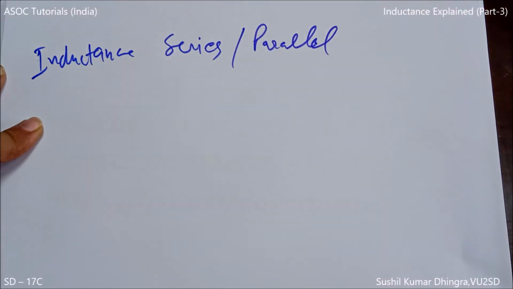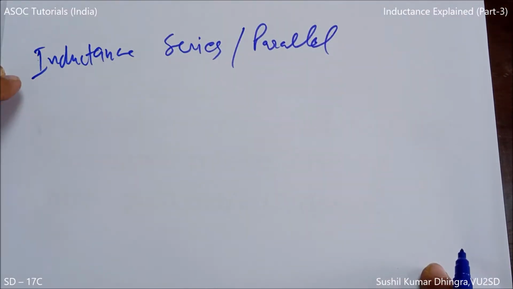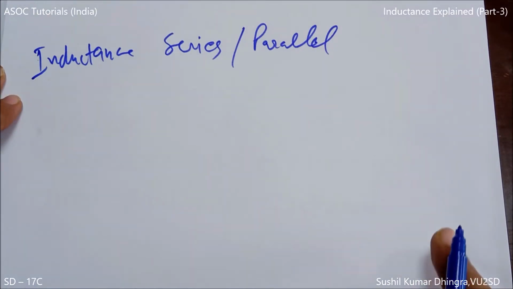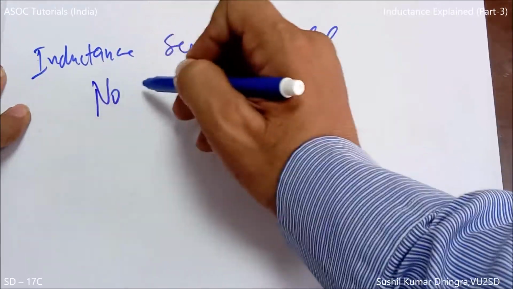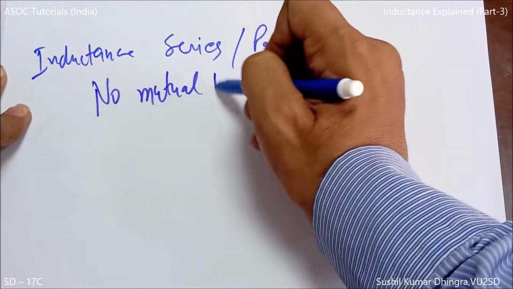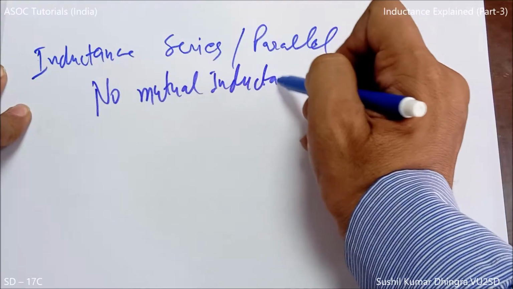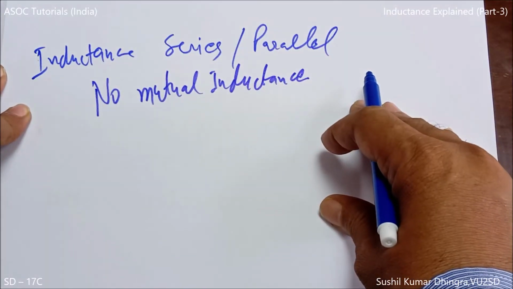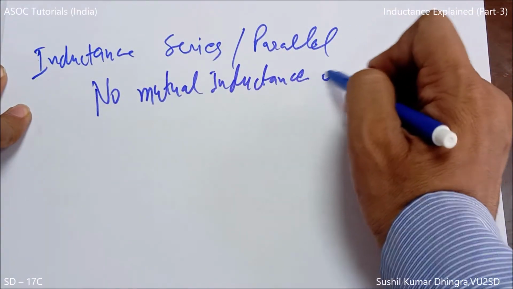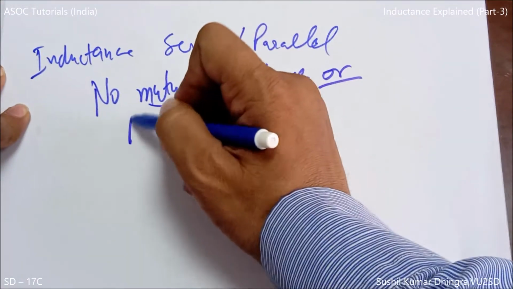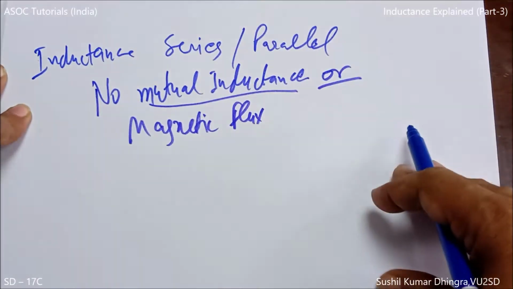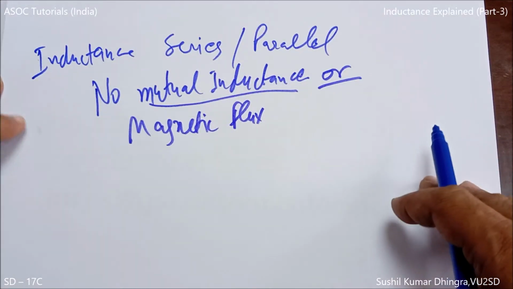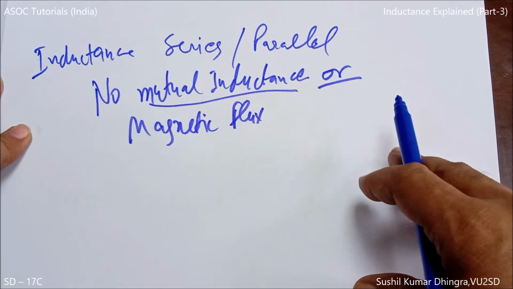But there are certain rules for connecting inductors in series or parallel, and these are based on the fact that no mutual inductance or magnetic flux exists between the inductors.